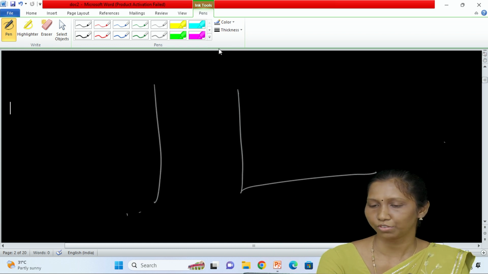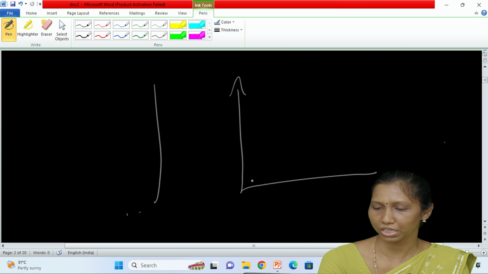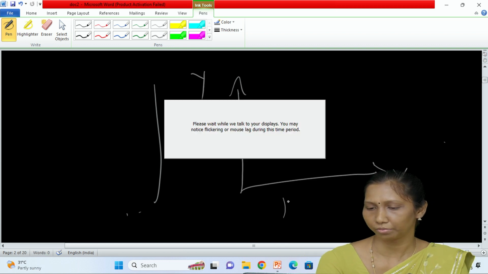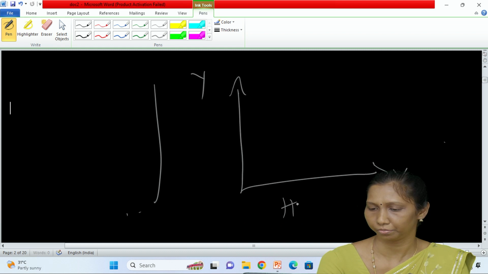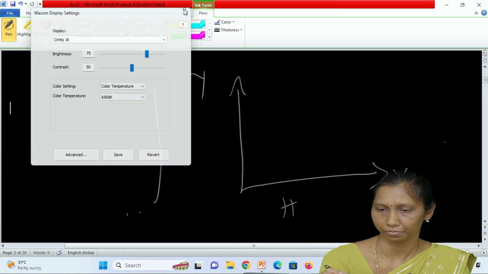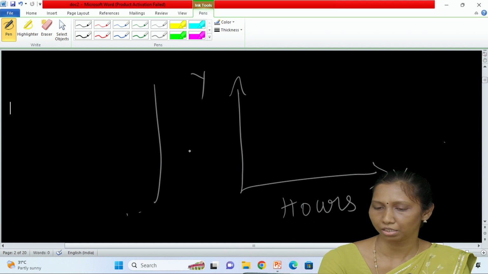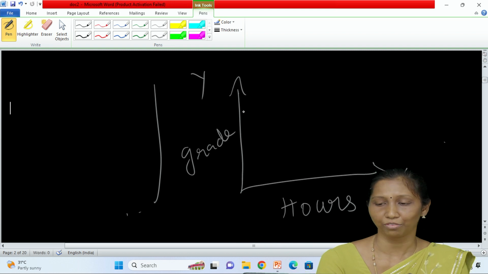On the x axis are the hours and on the y axis the grade. If the student is studying more hours, more than 2 hours in a subject and more than 3 hours, the grade also will increase.